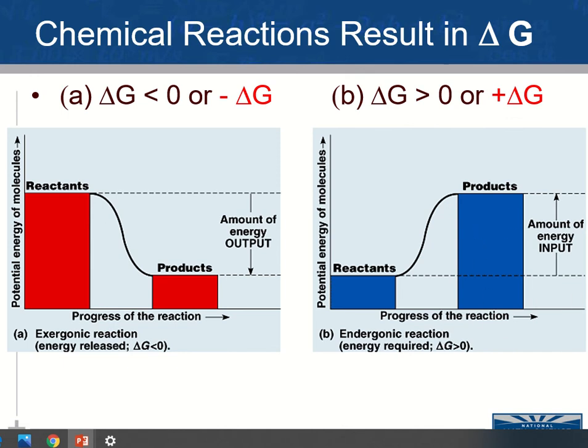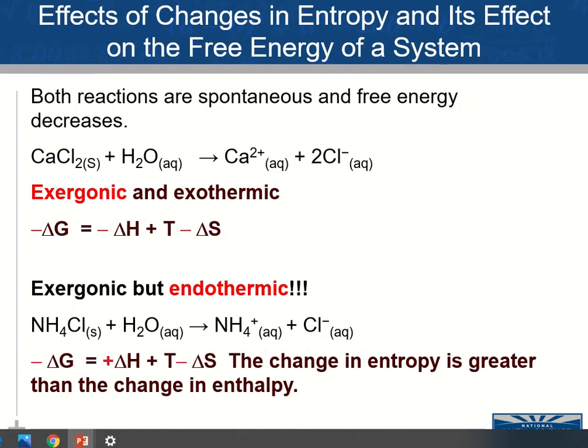You will work out some of these equations in the Gibbs free energy worksheet number 3 that I've put on your homework. Both reactions are spontaneous and free energy decreases.